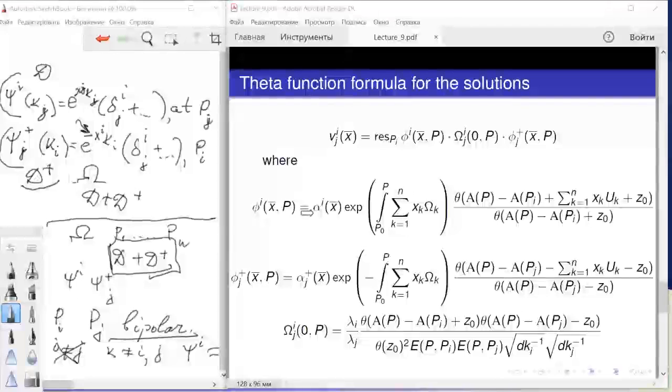Alpha upper I, alpha cross upper J are normalizing coefficients. I will comment on them a little bit later. Now, these two denominators contract with the nominator in this expression.